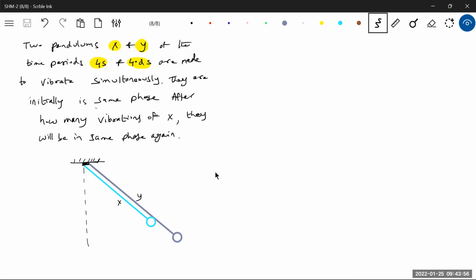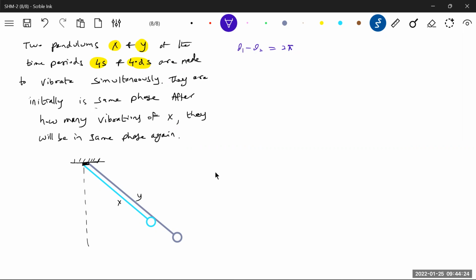Initially they have zero phase. Again they'll be in the same phase means the phase difference should be equal to 2 pi radian. So we will go like this, theta 1. Again they'll be in the same phase means it should become equal to 2 pi.